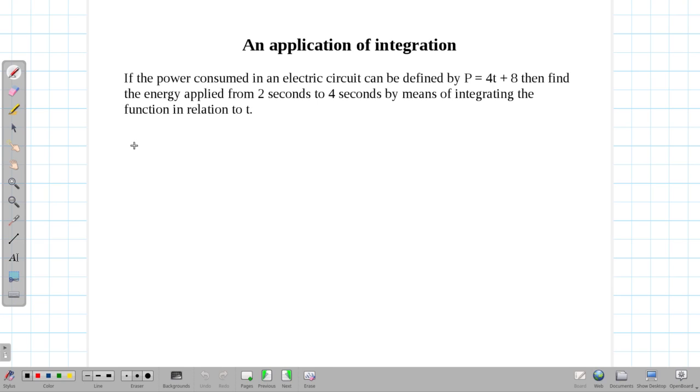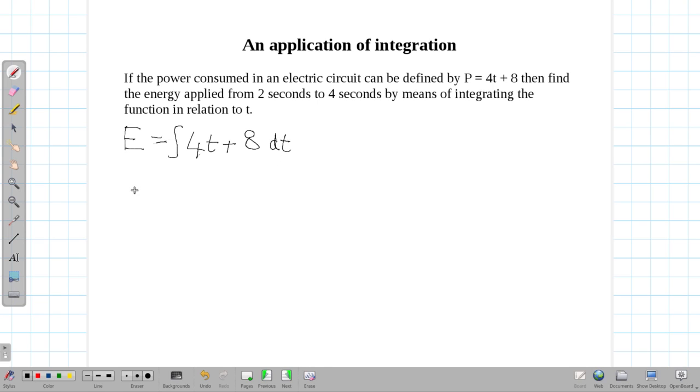So P equals 4t plus 8, and we're looking for energy. So the energy, using the symbol E, equals the integration of 4t plus 8, and we have to define what we're integrating in relation to, which is t for time.